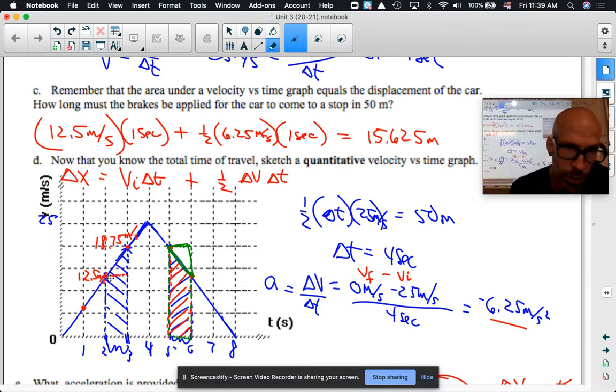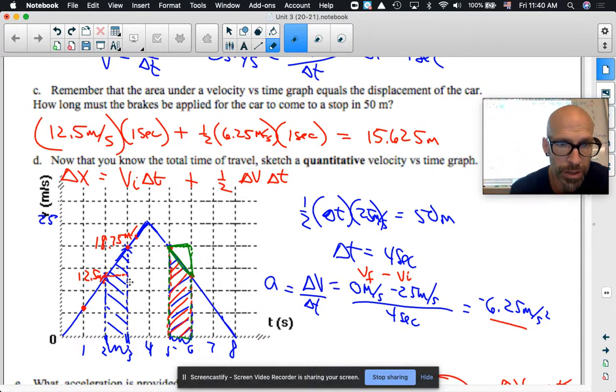So that means this rectangle part at the beginning of the 3rd second here, that rectangle part is 12.5 meters per second tall, which we did here. 12.5 meters per second tall times a second of width. That tells us the area of the rectangle, the tall, skinny rectangle.